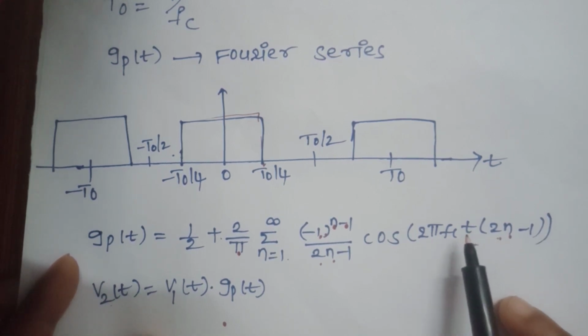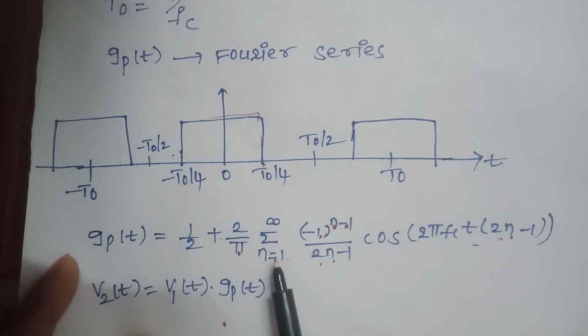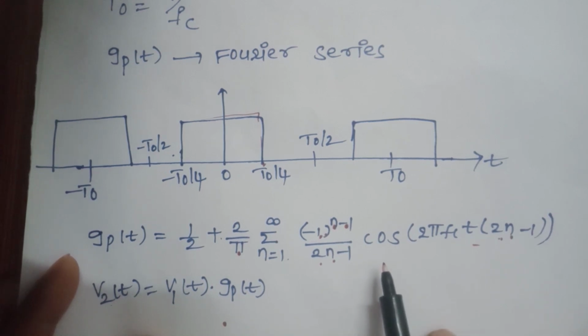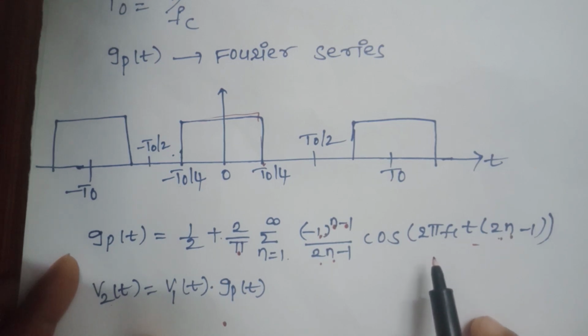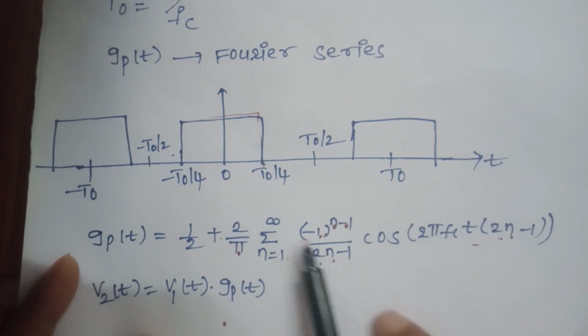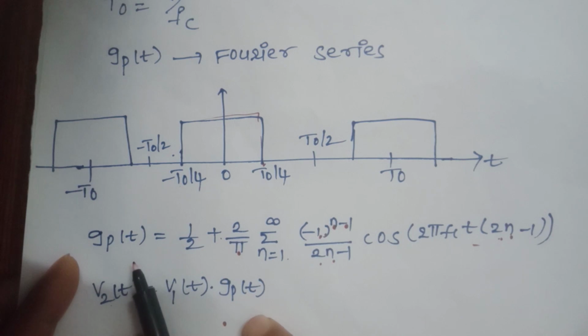So the terms are cos 2 pi fct minus 1 by 3 cos 2 pi 3 fct plus 1 by pi cos 2 pi 5 fct. So this one is the periodic representation of Gp of t.